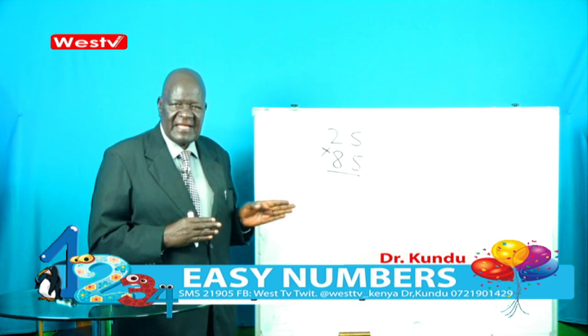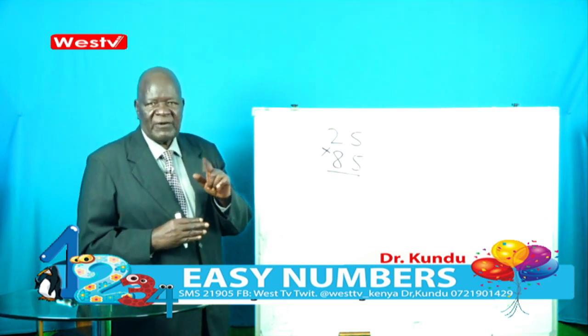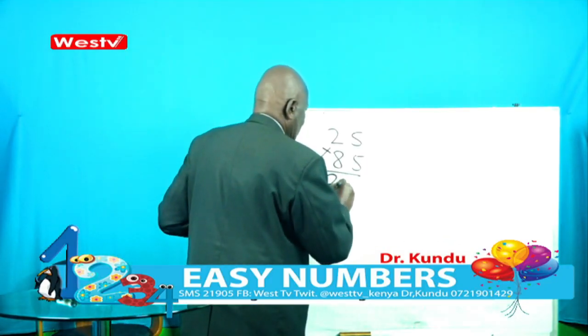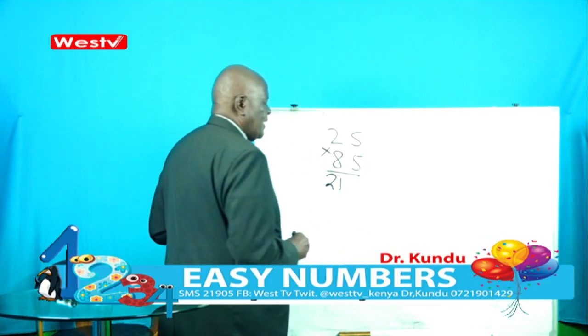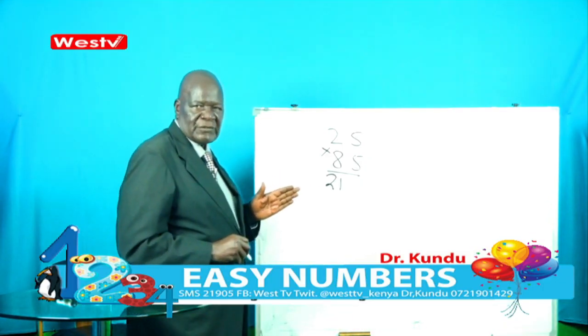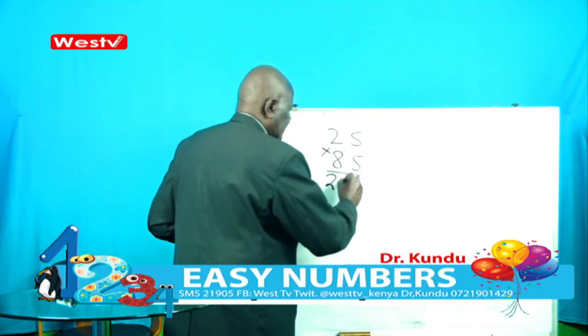2 times 8 is 16. Quickly add on the common 5. So 16 plus 5 is 21. And that's the beginning of our answer. And then on the right, you multiply as usual 5 times 5, which is 25.